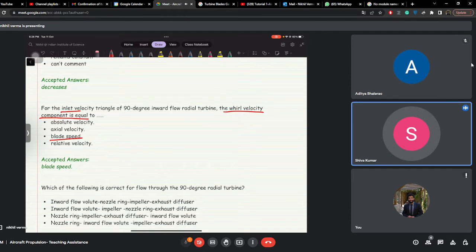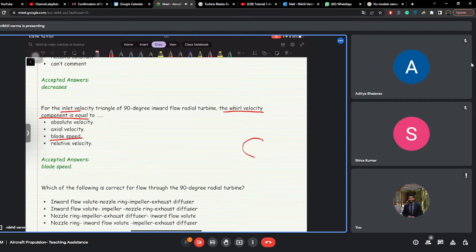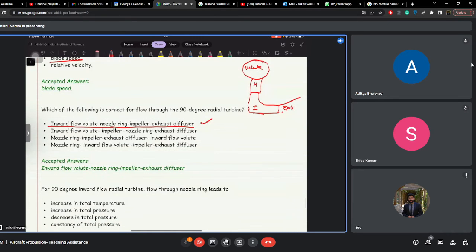First it should flow through the volute, then followed by the nozzle ring, then followed by the impeller, then you have your exhaust diffuser, right? So the correct answer is A: inlet volute, nozzle ring, impeller, and the exhaust. Yes, correct.